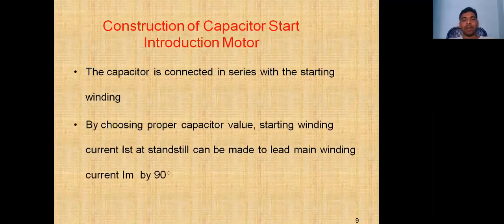By choosing a proper capacitor value, the starting winding current I start at standstill can be made to lead the main winding current IM by 90 degrees.